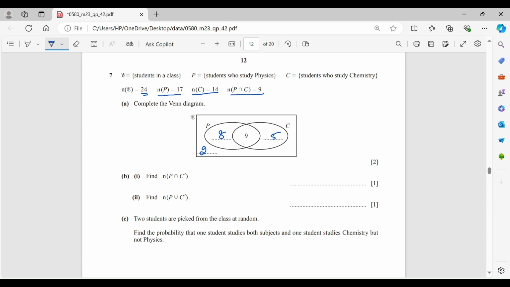Next, B part. Find n of P intersection C complement, right? For this we need to find the n. Let me make one small diagram for this. This is P, this is C, right? So C complement will be this portion.